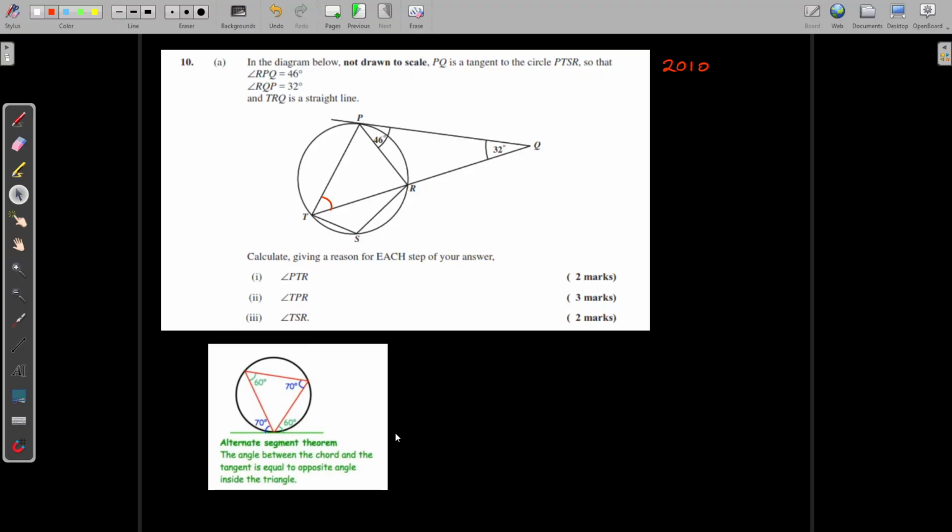So based on the alternate segment theorem, and because this is upside down, sometimes you'll even have to flip your paper around to see what's there.